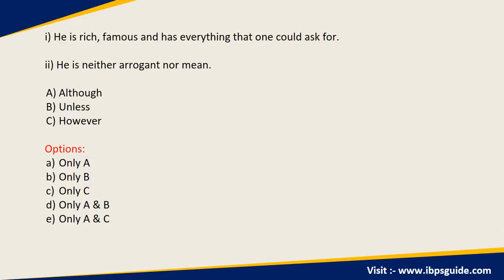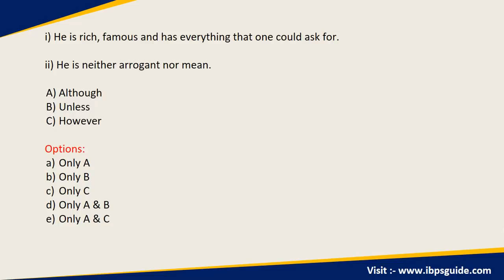First option is although. Now we know that although means in spite of, despite the fact that, right? And when you're dealing with starters and connectors, there's no rule telling you where to add the starter, right? So you can add it in the first sentence, or you can add it in the second sentence, or you can add it in between. The point is you need to combine these two sentences, right?